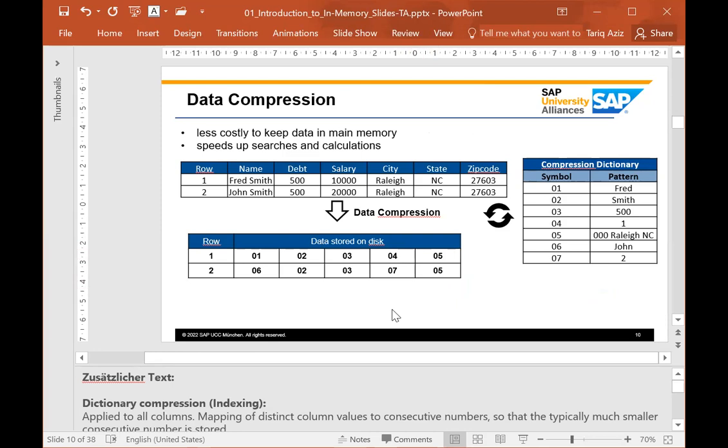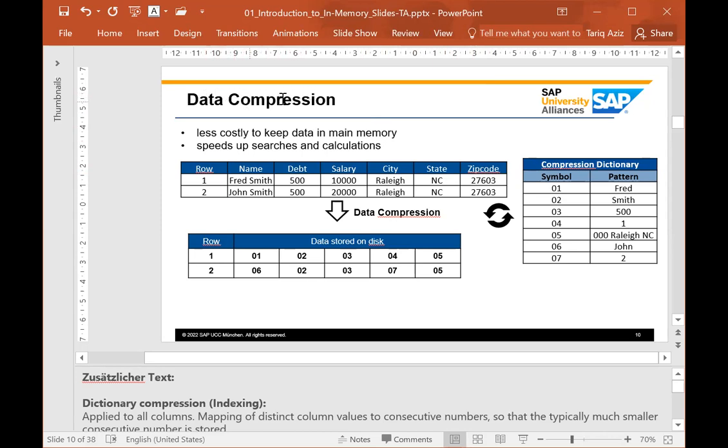Now, when we talk about data compression, if you see that data is stored, this is row 1, name is Fred Smith, the debit is 500, salary is 10,000, and this is the city, the state, and the zip code. Now, what HANA does is data compression.